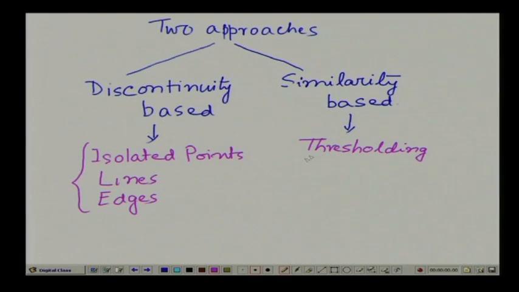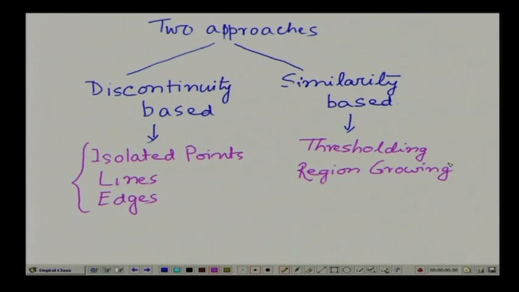The other kind of segmentation under this similarity based approach can be a region growing based approach. The way region growing works is, suppose we start from any particular pixel in an image, then we group all other pixels which are connected to this particular pixel. That means the pixels which are adjacent to this particular pixel and which are similar in intensity value.